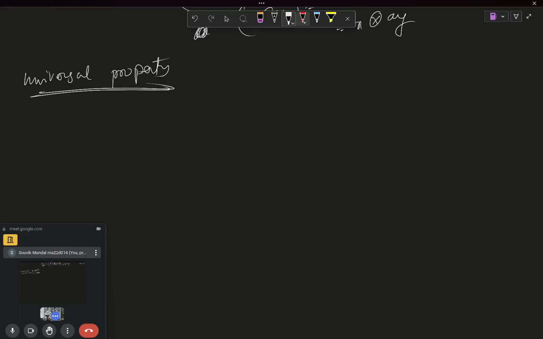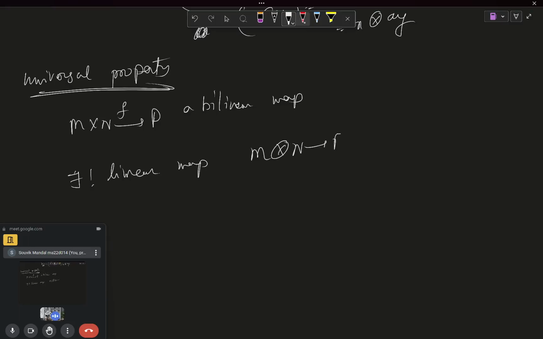Suppose we have a bilinear map f from M cross N to some P. Then, if this map is bilinear, there exists a unique linear map f tilde from M tensor N to P, such that f tilde of m tensor n is equal to f of (m, n).